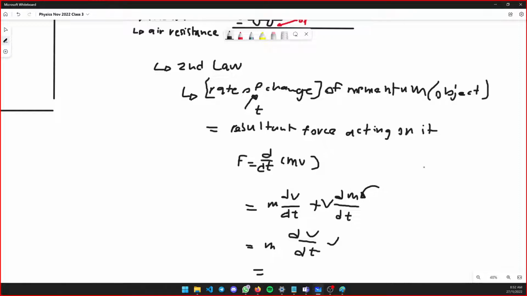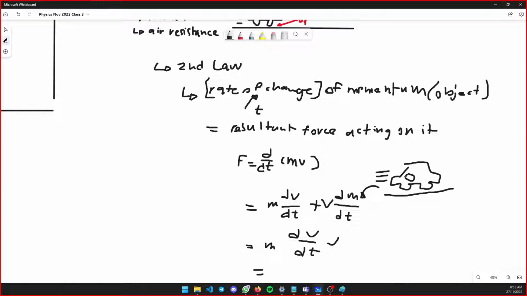Mass doesn't change means, for example, a car going on a highway very fast. There is a change in mass, because whenever there's combustion there's a change in mass.